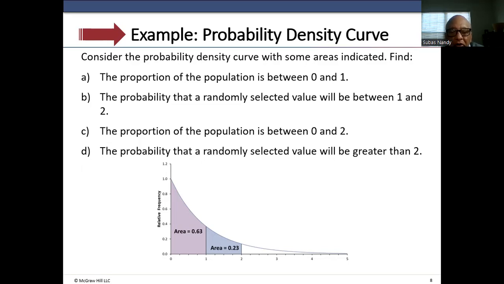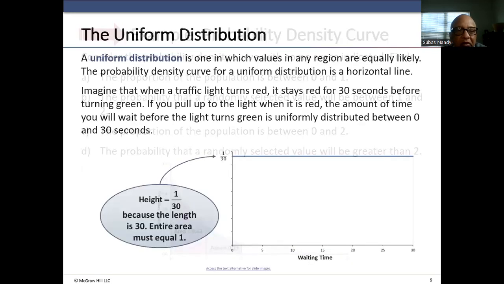We already know that the probability that a randomly selected particle is between 0 and 2 is 0.86, obtained by adding the two areas. We also know that the total area under the probability density curve is 1. Therefore, the probability that a randomly selected particle is greater than 2 is 1 minus 0.86, which is 0.14. This is the answer for part D, as in David.